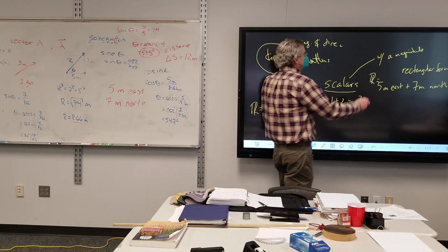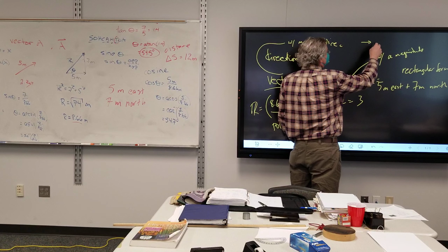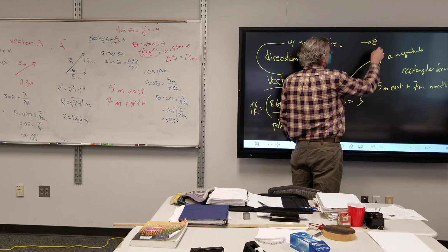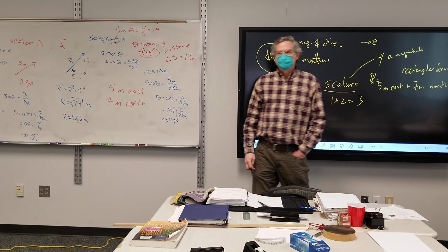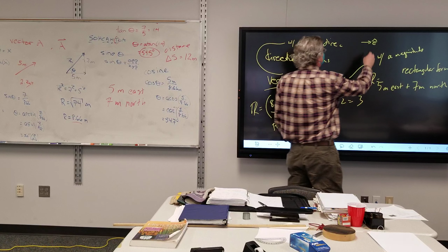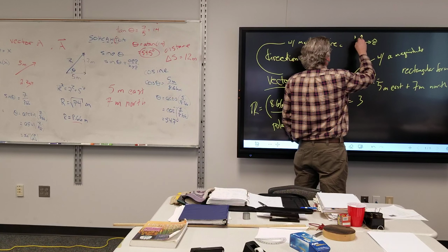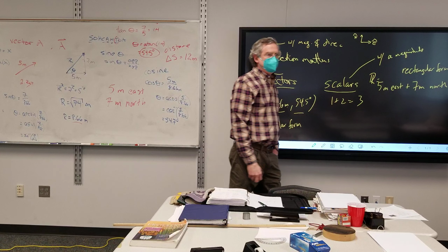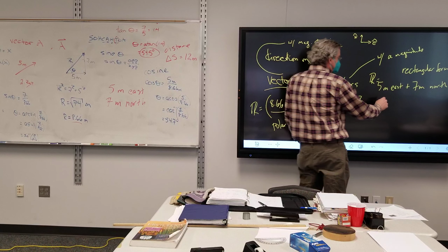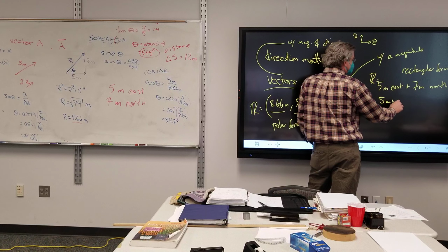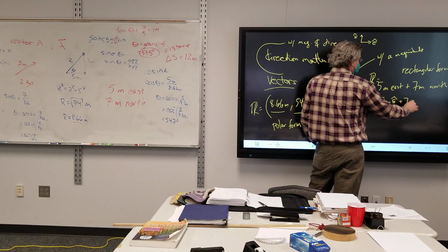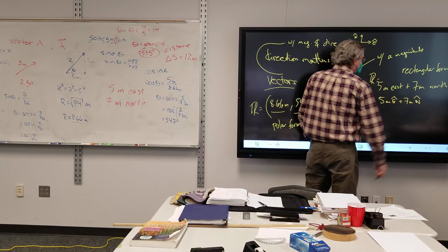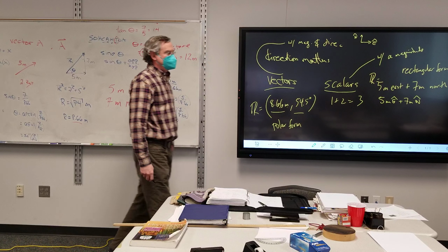So let's just say that this way is east, and I'm just gonna do an E with a little hat on top of it. And this way is north, and I'm just gonna put a little hat on that. And so I can now write this as 5 meters east plus 7 meters north. It's a little bit simpler.